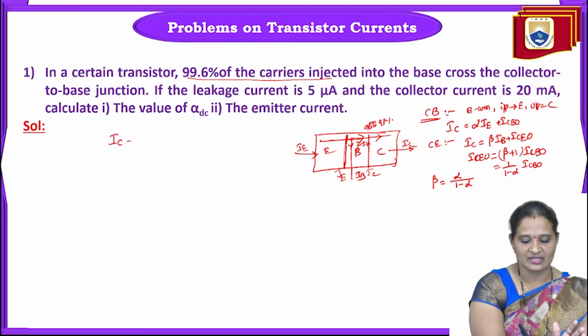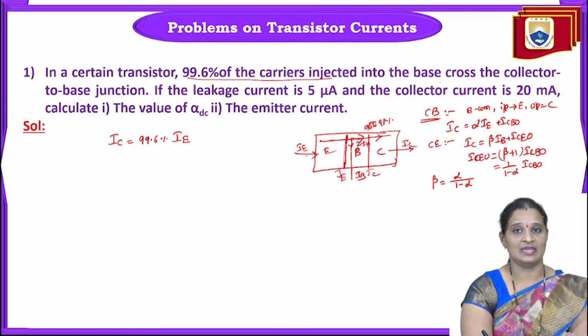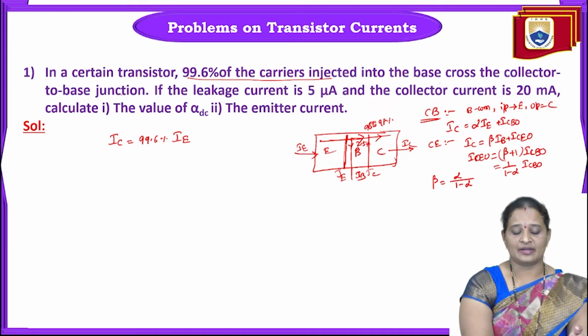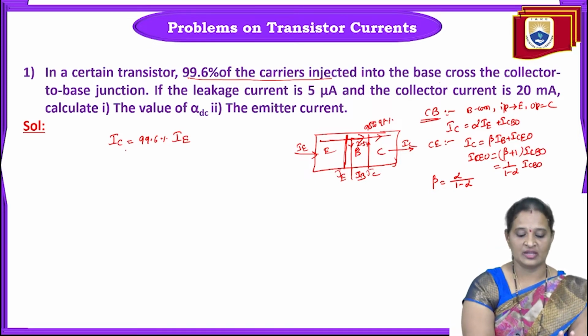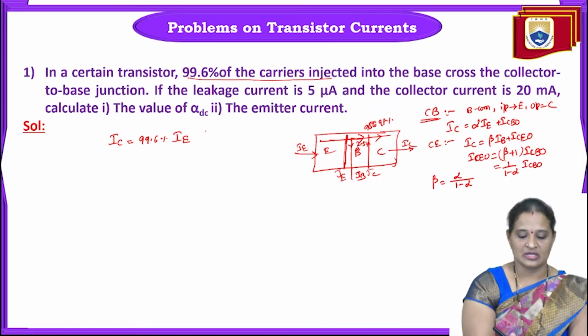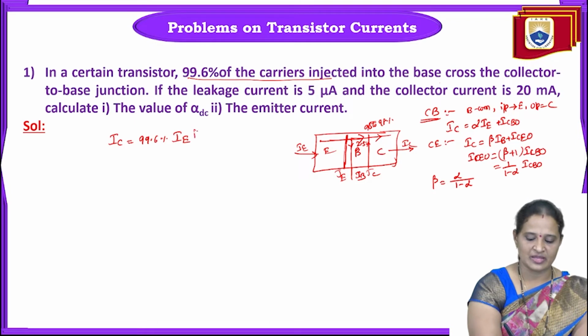So IC is equal to 99.6% of IE, because the emitter current is IE. So this IC is equal to 99.6% of IE. That means this is my input current and this is my output current.